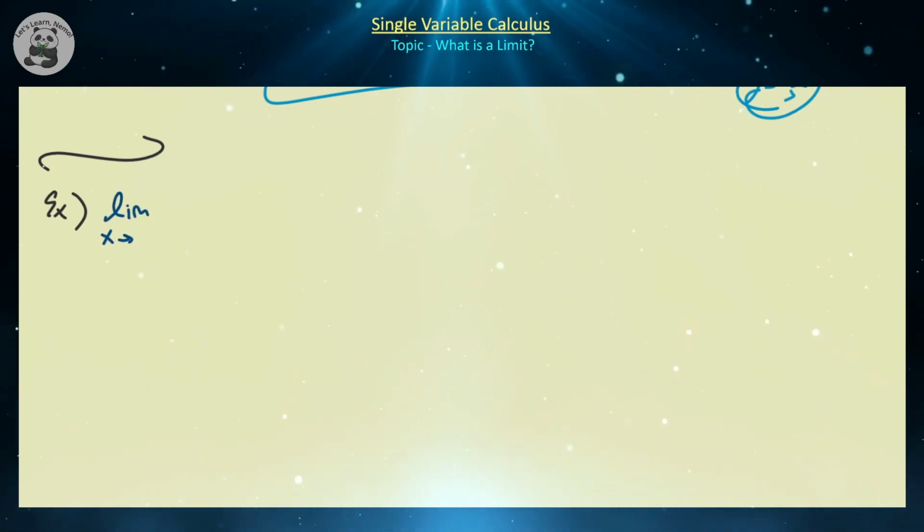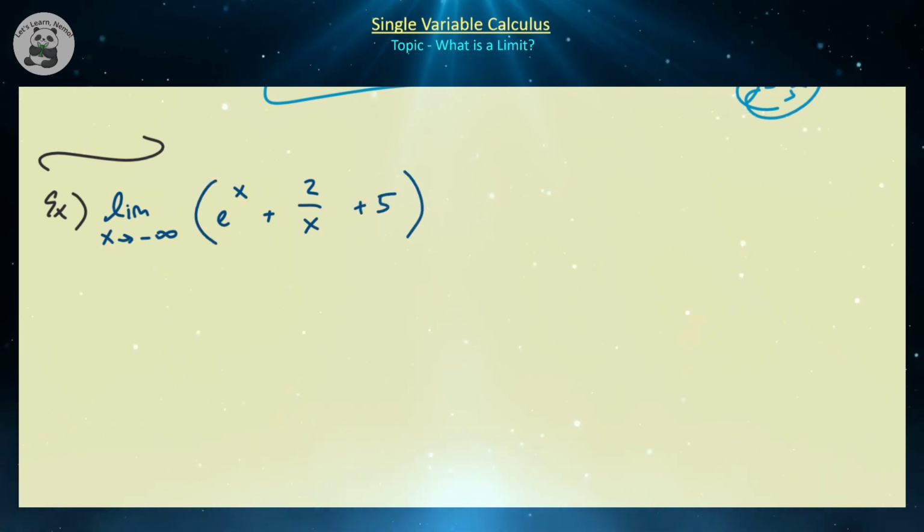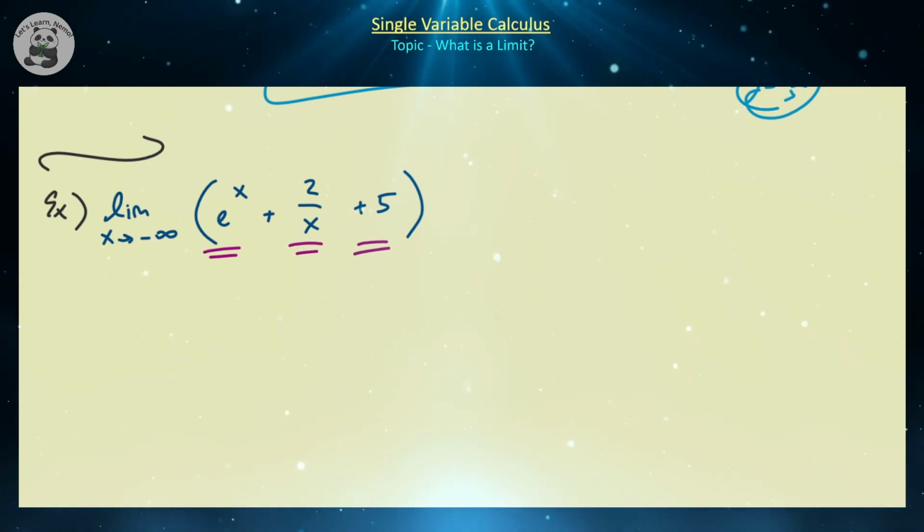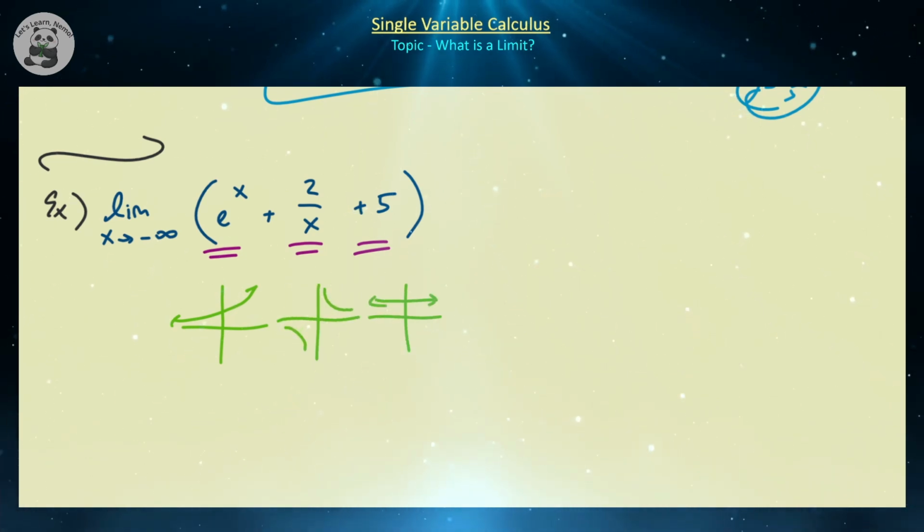So what is the limit as x approaches negative infinity of e to the positive x plus 2 divided by x plus 5? All right, so let's analyze each of these functions independently. So e to the x we know has that shape, 2 over x has that shape, 5 that shape.